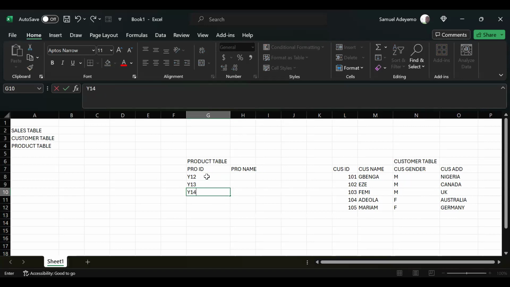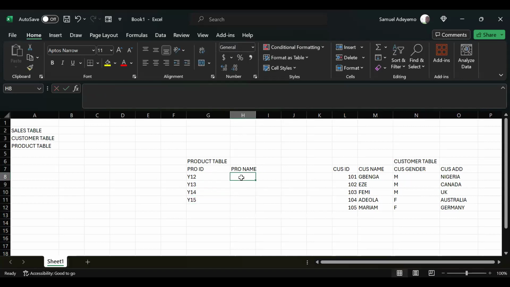We have product ID maybe Y15. Now the product name, we have oil, we have cookies, right? We have bread, right? We have what again? We have paper, right? Just an example. So every product has their own unique IDs, right? Oil, bread, cookies, paper, whatever.